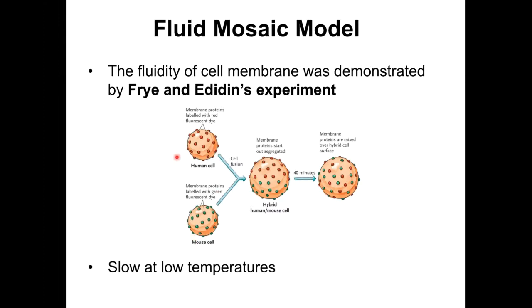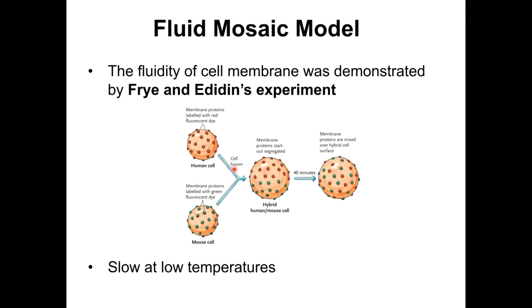You can do it in different ways using fluorescent dyes or fluorescent antibodies. It doesn't really matter in this case. So now all the proteins in the human cells are red and those in the mouse cells are green. And then you can induce these cells to fuse with each other.